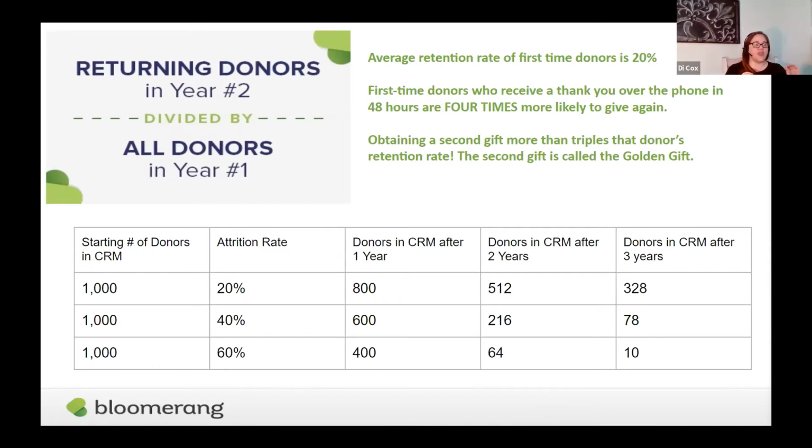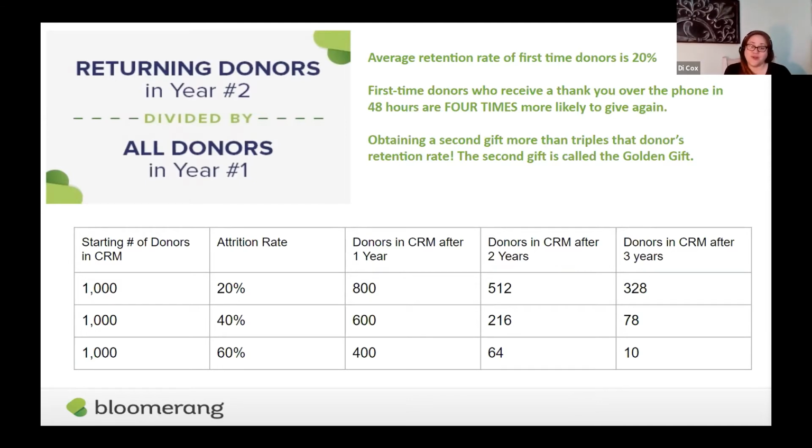So if you were to bring in no new donors after that 1,000, at the end of 3 years, this is the number that you would have in your database with those attrition rates. So this is not sustainable long-term, obviously. So you need to bring in more people, and you need to keep the people that you have.